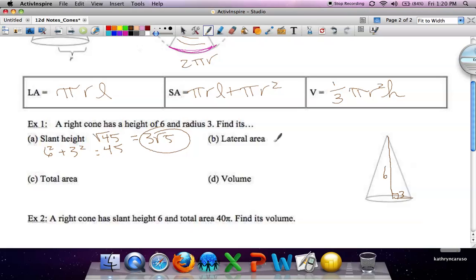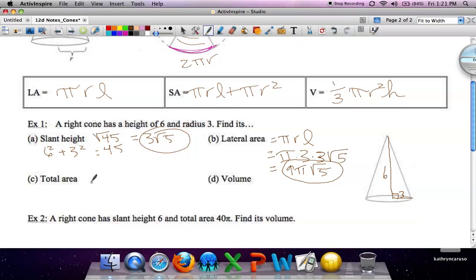The lateral area is defined as pi r L, so that would be pi times r for this problem is 3, and the slant height for this problem is 3 root 5. So combining, 3 times 3 is 9, so it would be 9 pi root 5 is the lateral area.